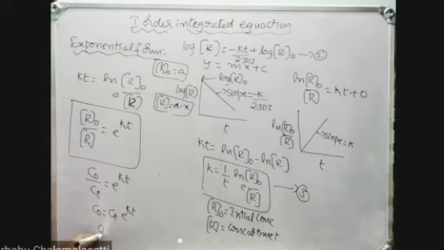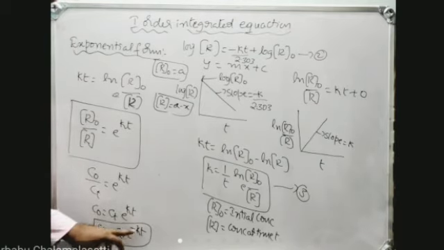Or, bringing it to this side, Ct is equal to C naught into e power minus kt. So this is the exponential form for a first order reaction.